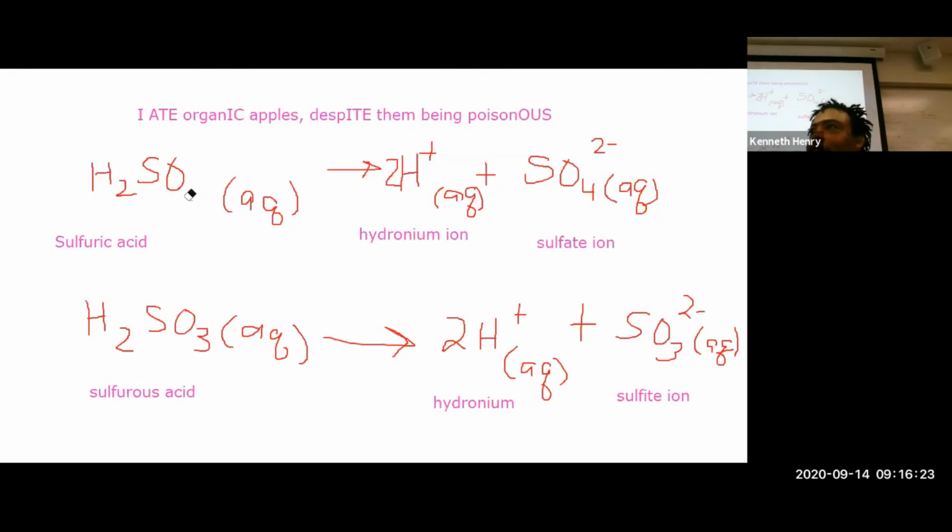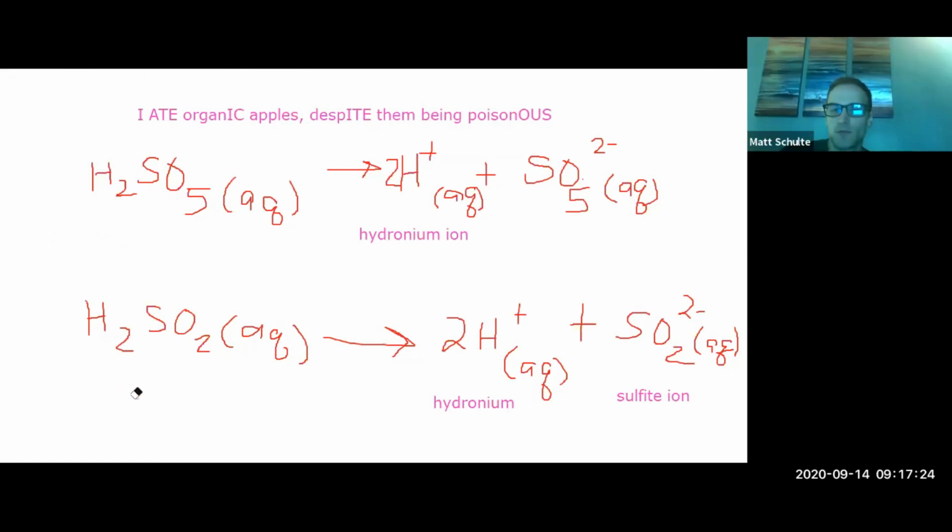Okay, so let's change this up here. What if we have these guys? What is the anion called? And what is the acid called?